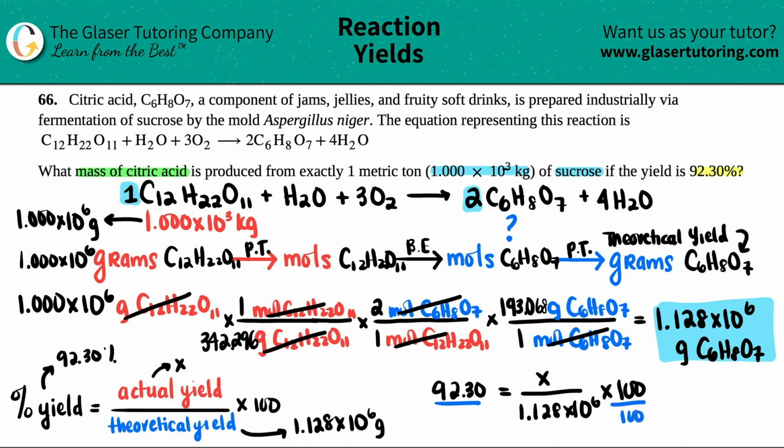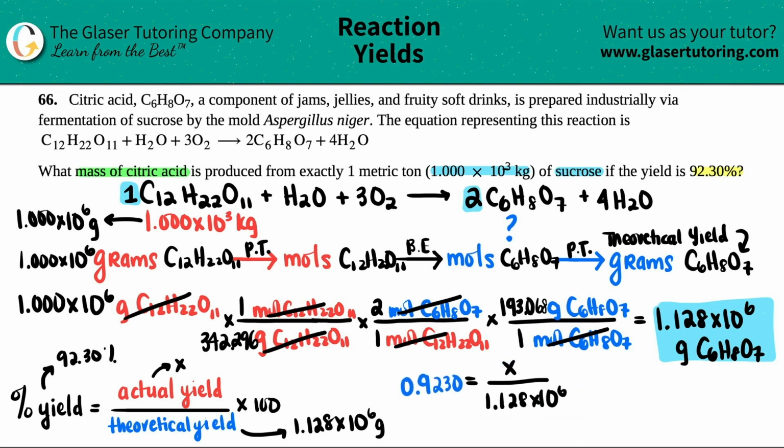You're basically solving for x. So this would cancel out, right, guys? And then we're left with 0.9230, cross multiply, and we get our amount. So we'll get x equals 0.9230 times 1.128 times 10 to the 6th.